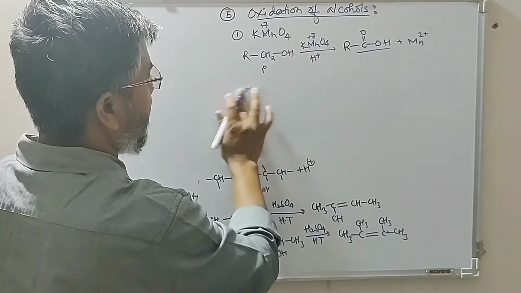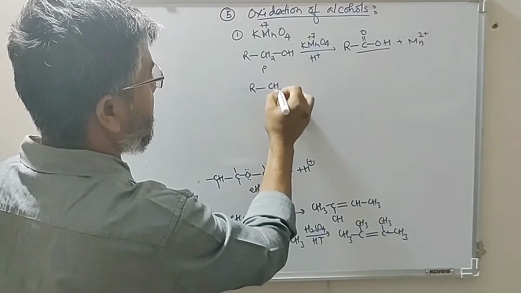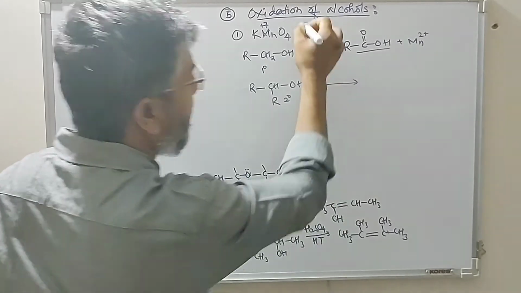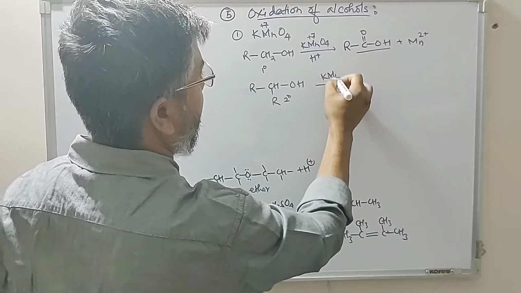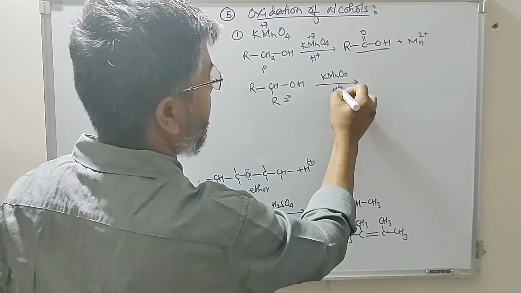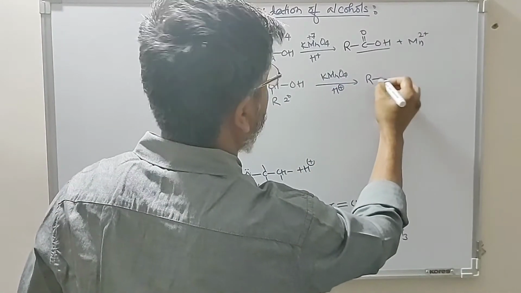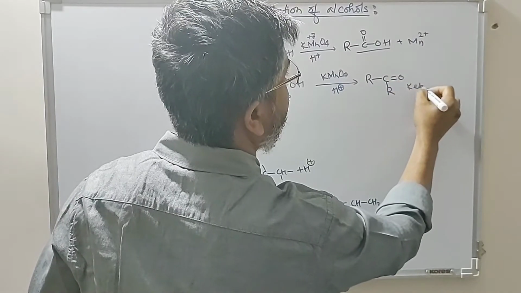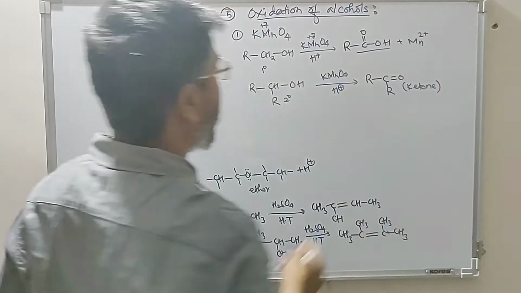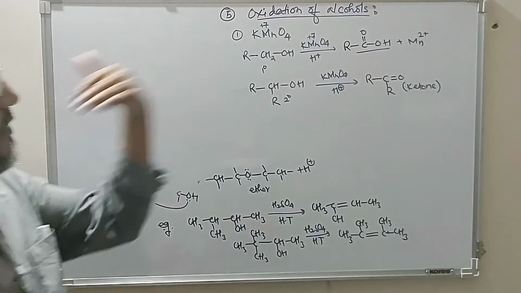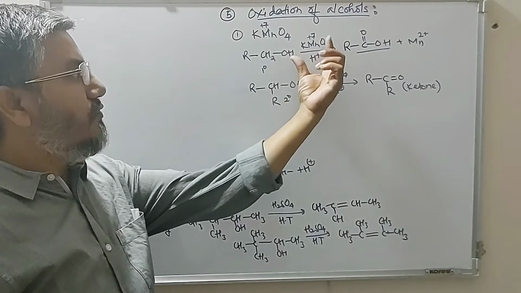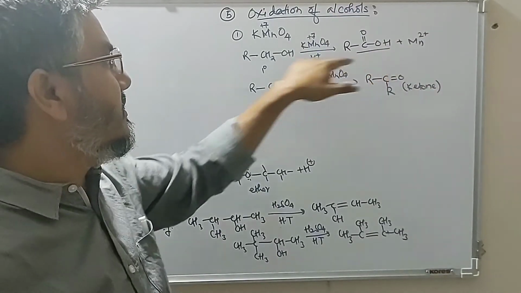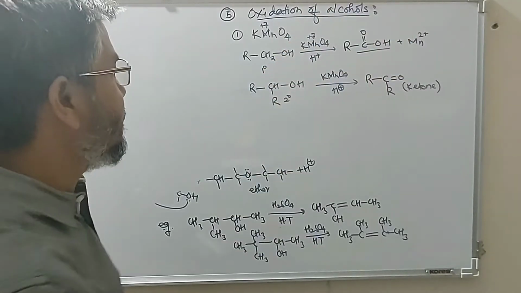If we start from secondary, RCHROH, this is secondary alcohol, a reaction with acidified KMnO4 gives you ketones. So all secondary alcohols on oxidation with KMnO4 give you ketone. In fact, with primary, first oxidation gives you aldehyde. Aldehydes will further oxidize to give you the corresponding acid. That is the final product.